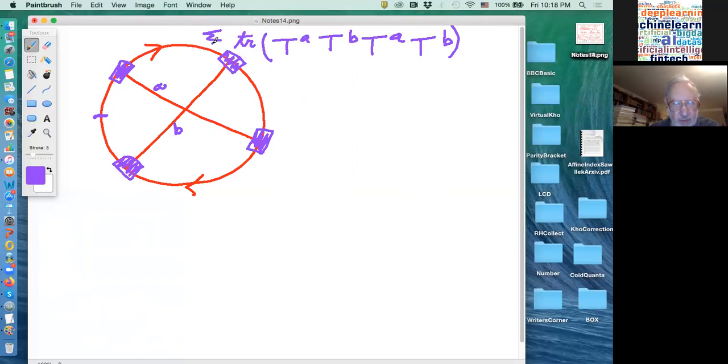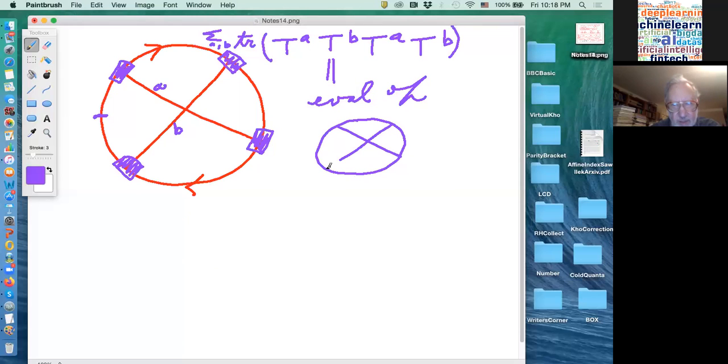And we're going to be summing over A and B. And this is the evaluation of this graph, which was the evaluation of this graph. So the graphical evaluations end up being the same, end up being actualized by Lie algebra, decorating the lines of the graph.